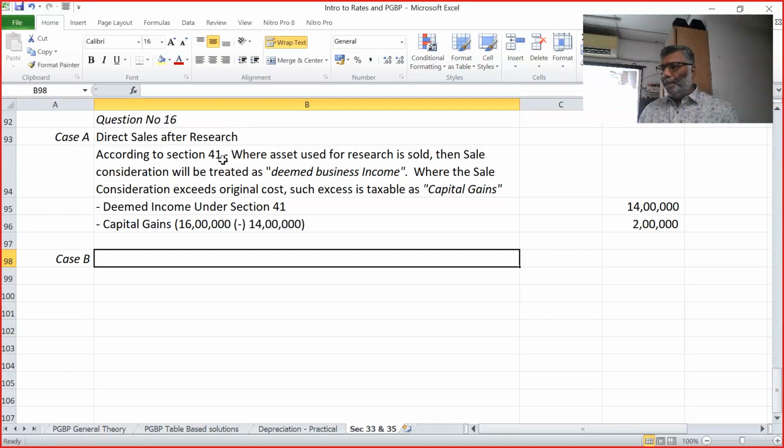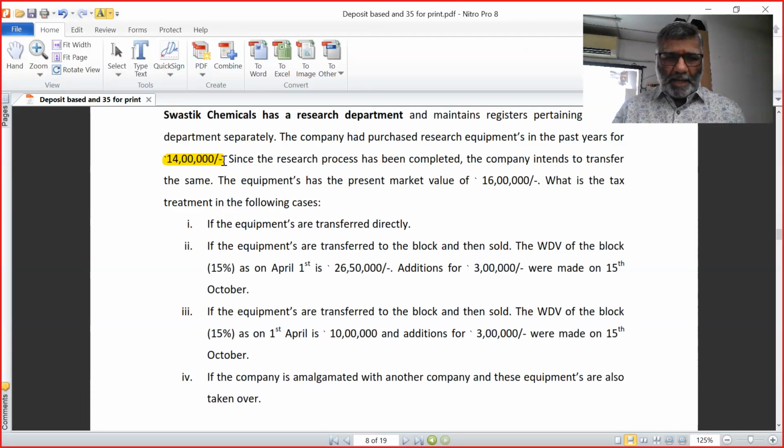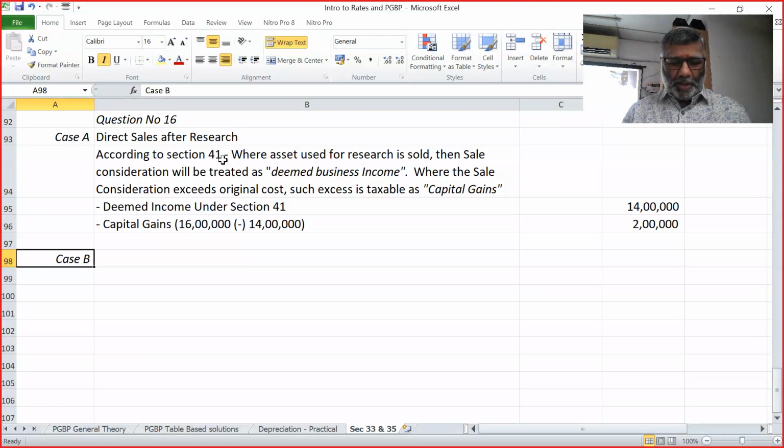Case B. What is case B? If equipment is transferred to a block, case B and case C, let us look at together.